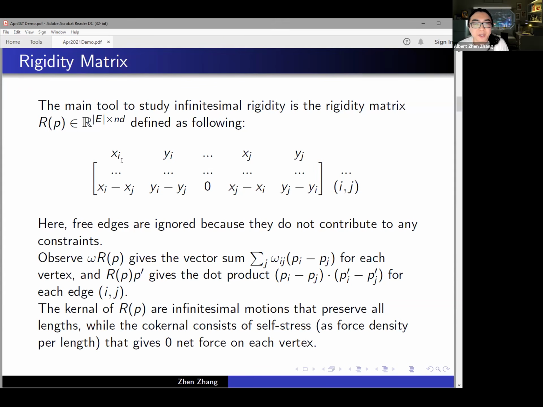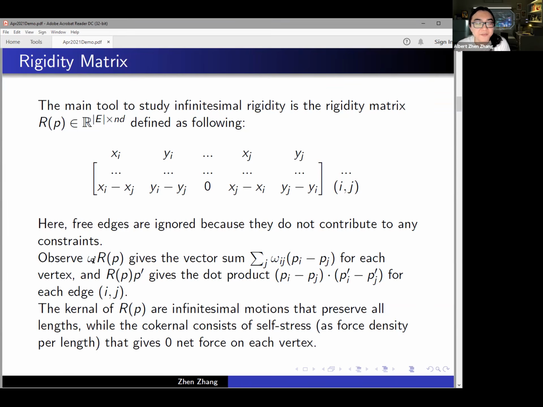For each vertex i, the entry is x_i minus x_j, similarly for y_i, and for the j-th vertex, you just use the minus sign. Here, free edges are ignored because in tensegrity frameworks, they don't do anything. If you have an edge that can become longer and shorter, you can just ignore that edge. But I'm including this in the definition because in circle packings, having a free disk that can grow and shrink actually changes things.